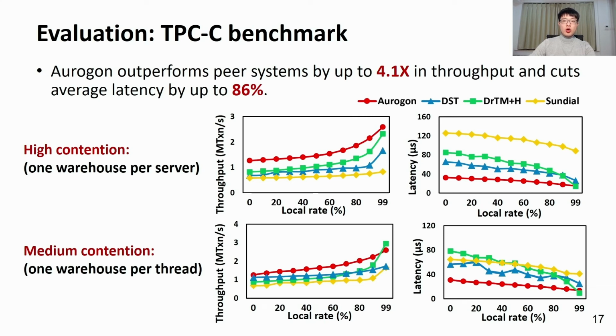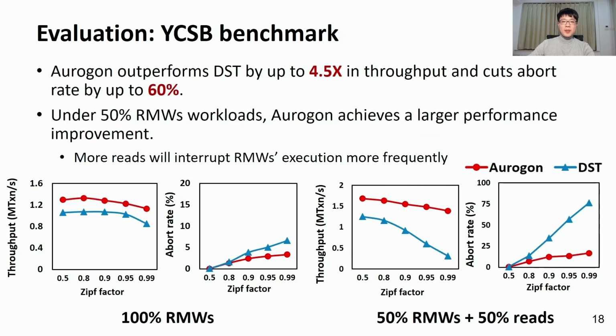We vary the local rate from 0 to 99% to adjust the ratio of records that transactions access in remote servers. When the local rate is low, adaptive deferral in Aurogon can reduce aborts caused by non-uniform latency of increasing network accesses. Aurogon outperforms peer systems by up to 4.1 times in throughput and cuts average latency by up to 86%. Now to YCSB benchmarks.